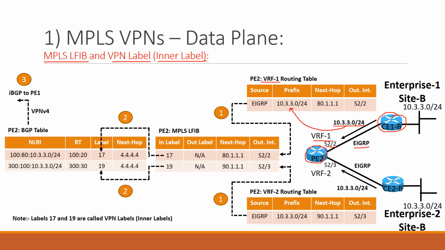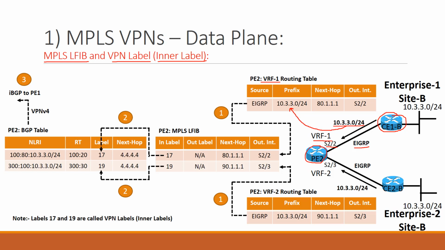In MPLS IP unicast forwarding, when a provider edge learns a route for a specific prefix, it immediately assigns it a local label. But the label that will be assigned by the provider edge will be the inner label, the VPN label.